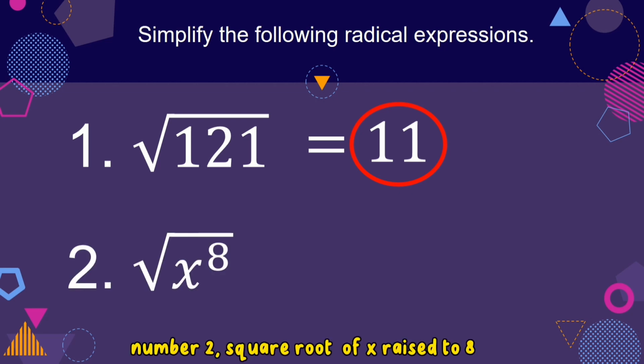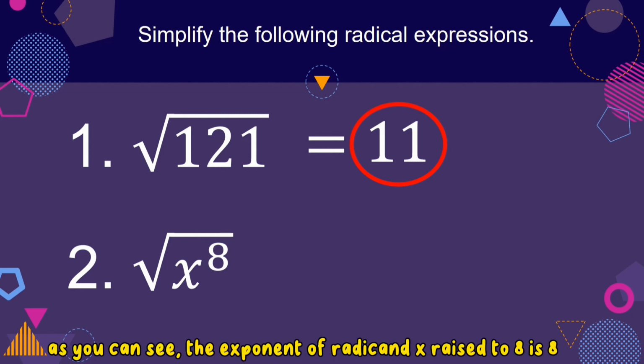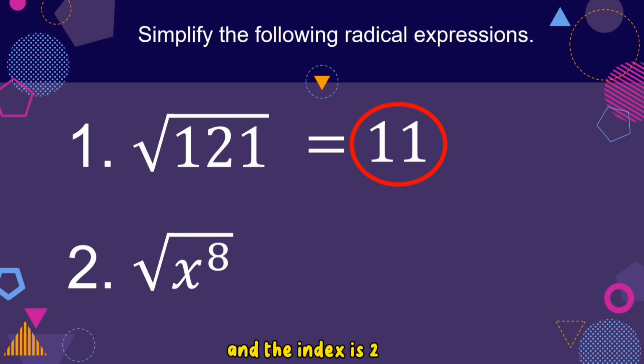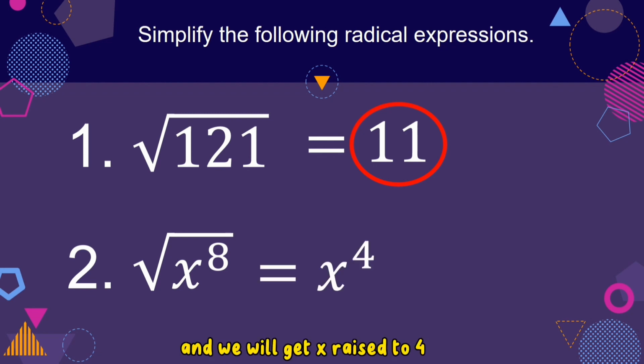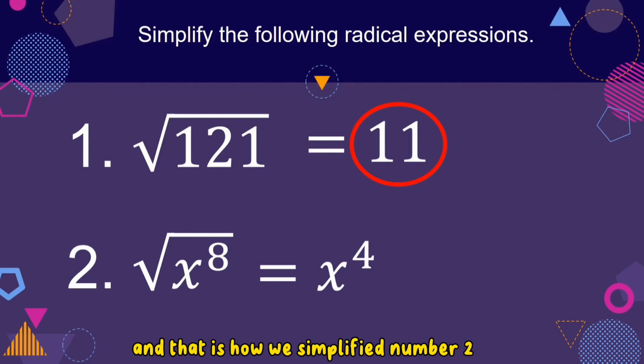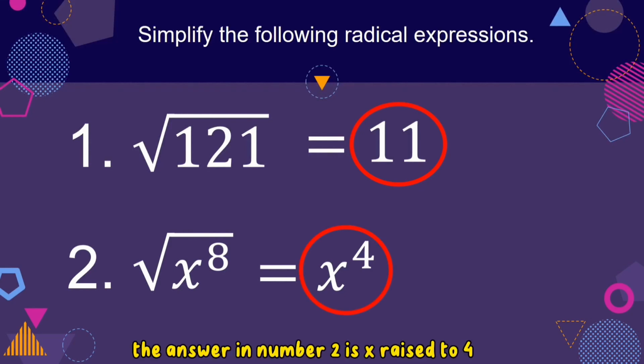Square root of x raised to 8. As you can see, the exponent of the radicand x raised to 8 is 8 and the index is 2. Simply divide 8 by the index 2 and we will get x raised to 4. And that is how we simplified number 2. The answer in number 2 is x raised to 4.